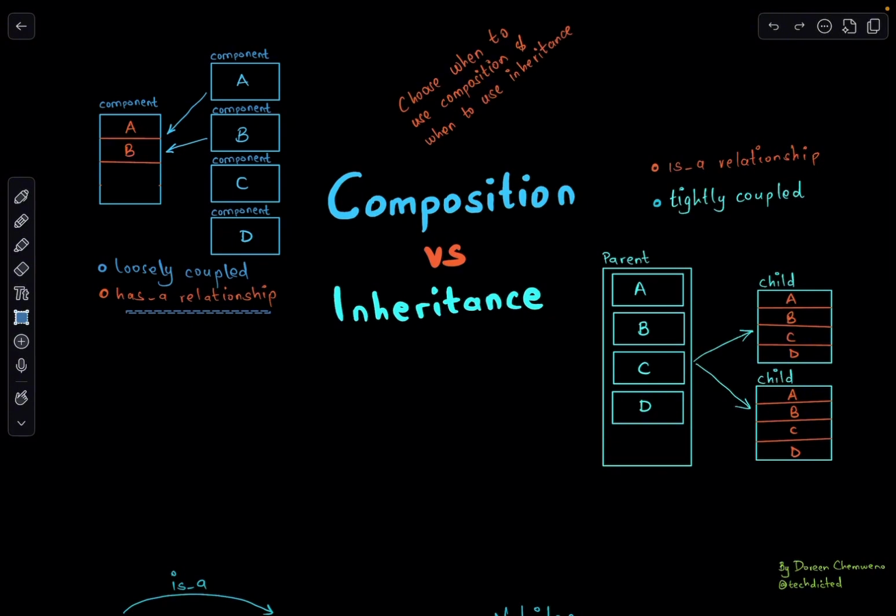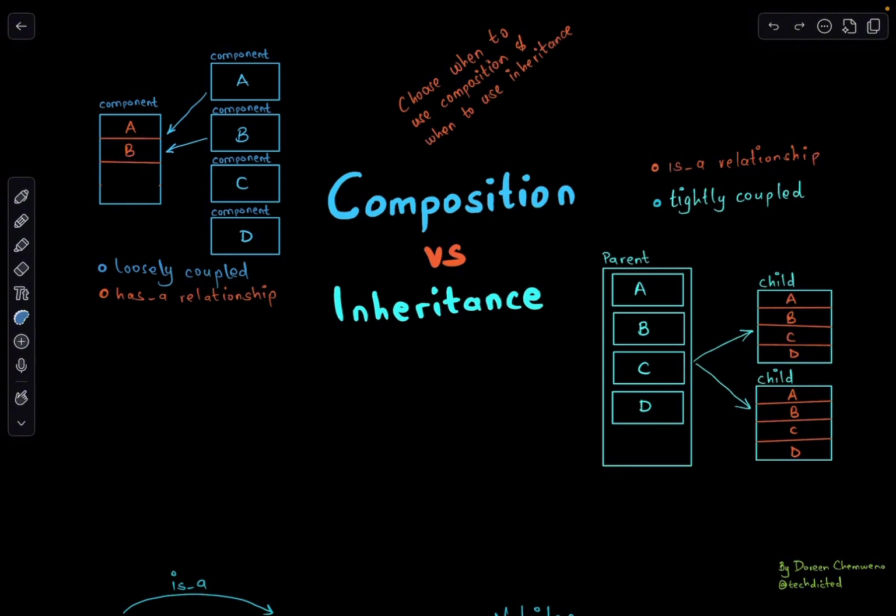Then we have inheritance, which means you have a parent, a base, a starter, and then other things take what that parent has and use it on themselves. So in this case, because we have a parent with A, B, C, and D, all its children will have A, B, C, and D. What's differing here is that when we created this component in composition, we chose what it'll have.